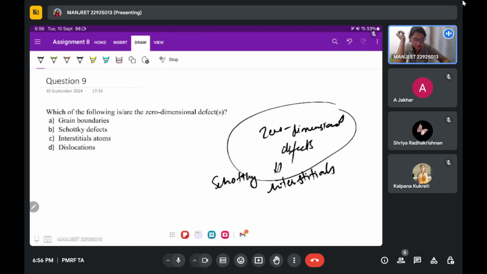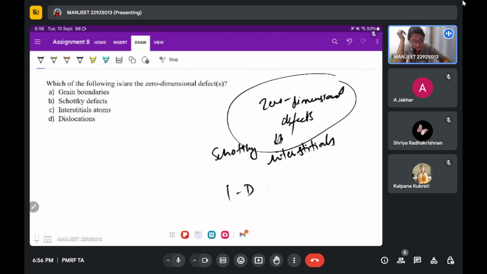These come under the 0D one. And 1D defects are dislocations, and the 2D will be the grain boundaries.